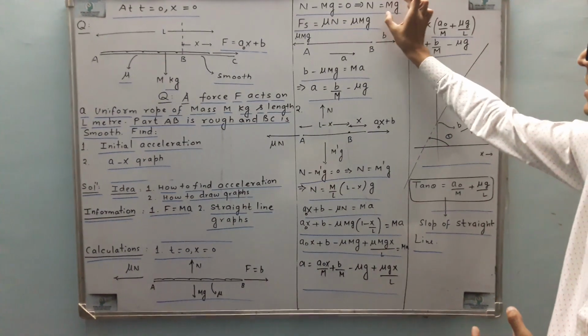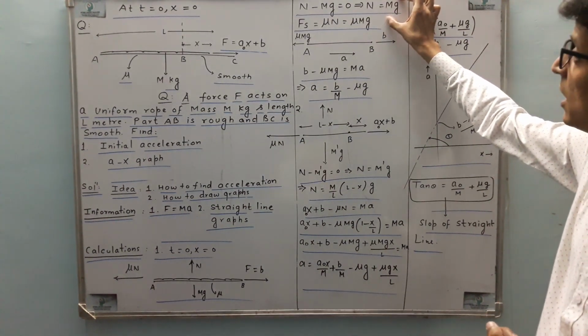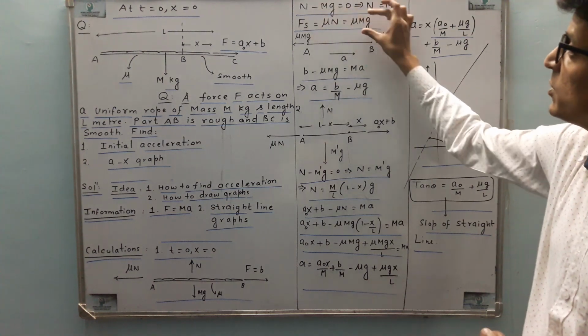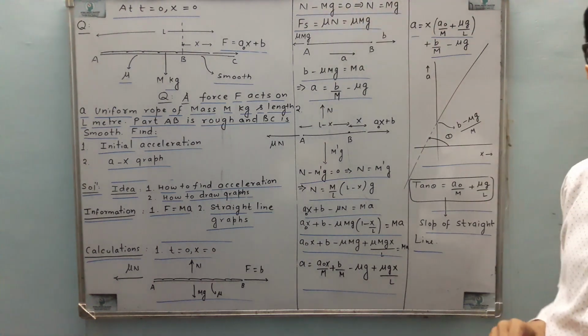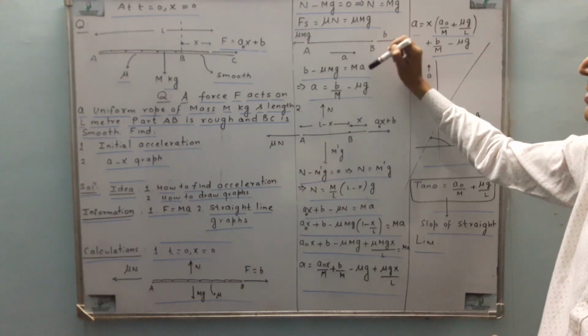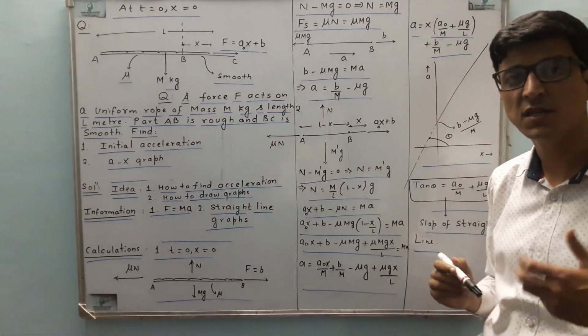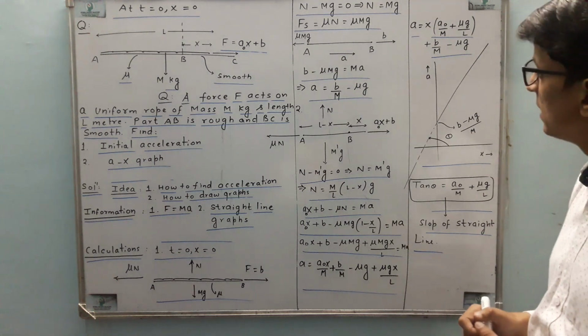So we have normal reaction as mg. Then friction is equal to mu into N, so that will be mu mg. Drawing the free body diagram of the rope, we have force B towards right and mu mg towards left. So B minus mu mg is ma, so acceleration comes out to be B by m minus mu g. This is the initial acceleration of the rope.